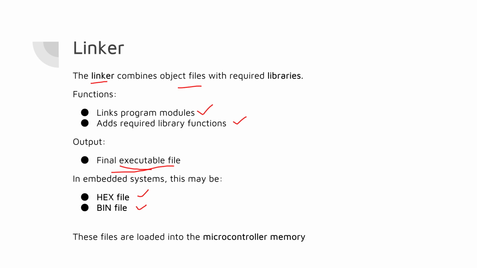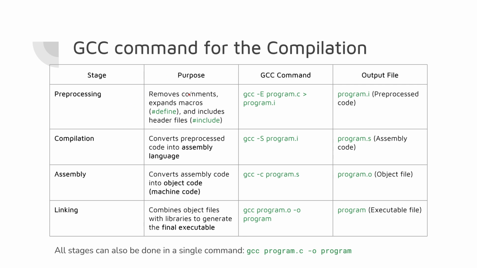Okay, these are the 4 stages, and here I have the GCC commands. By using GCC, we convert our .c file into a .i file, then a .s file, then a .o file. At the end, we get the executable file. The command used for the preprocessor stage is gcc -E, converting program.c into program.i.